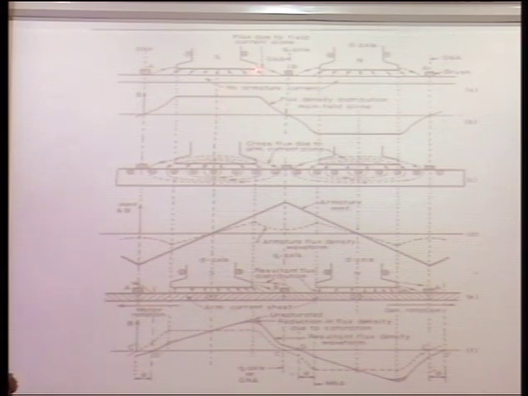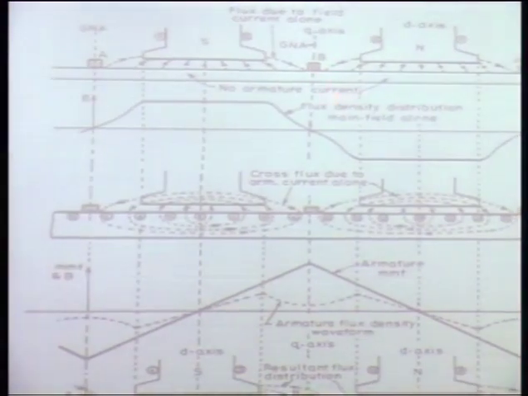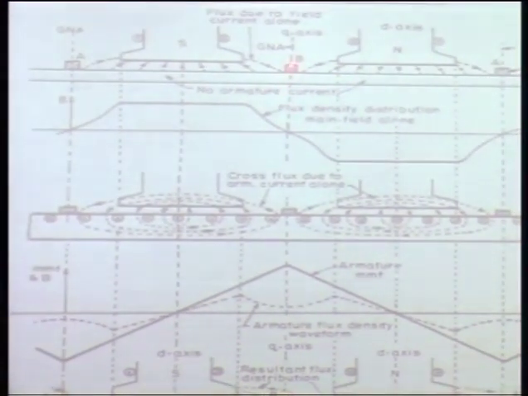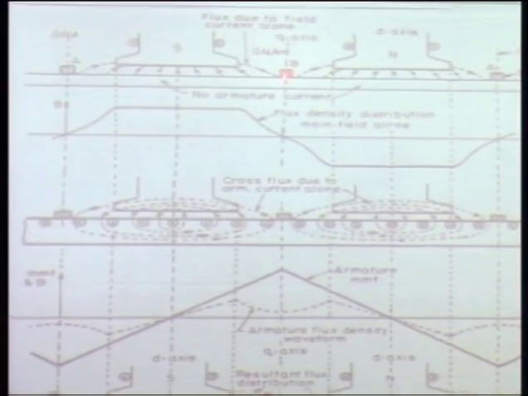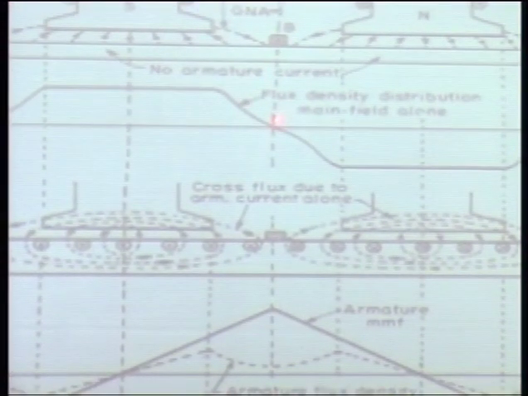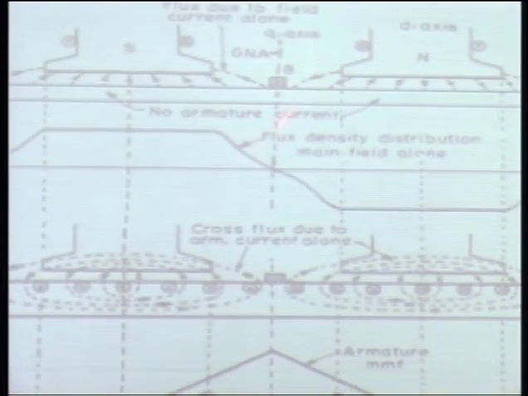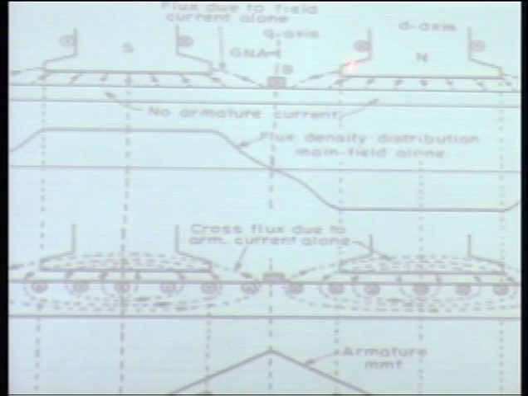Then after the pole tip, the air gap suddenly increases and the flux density starts decreasing. Then after the geometrical neutral axis, when the flux density becomes 0, the flux starts increasing in the opposite direction, that is it is the zone of the north pole.